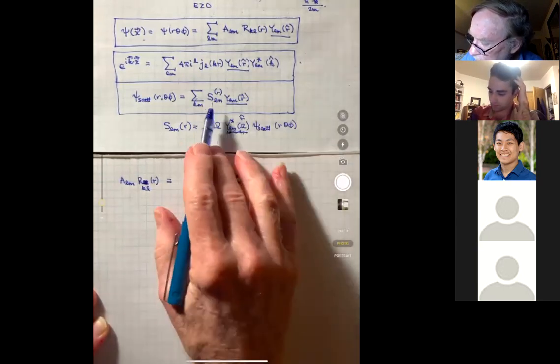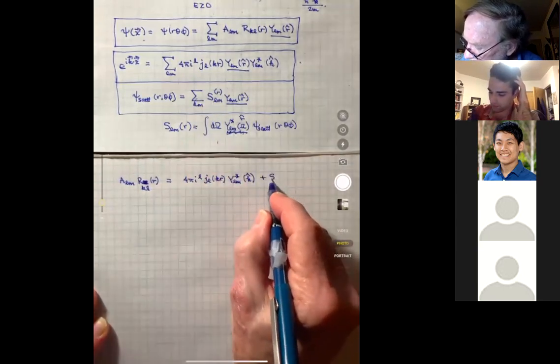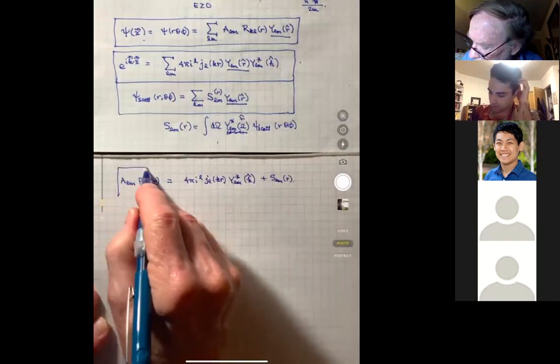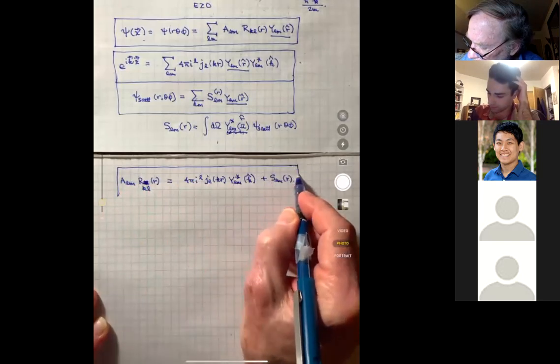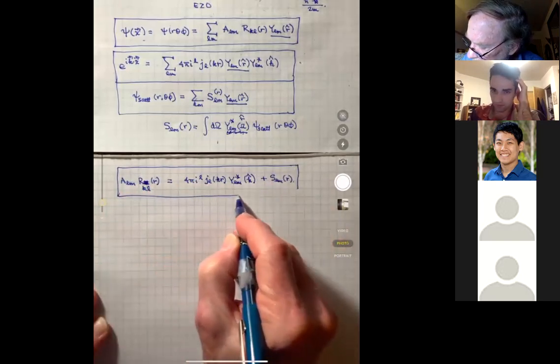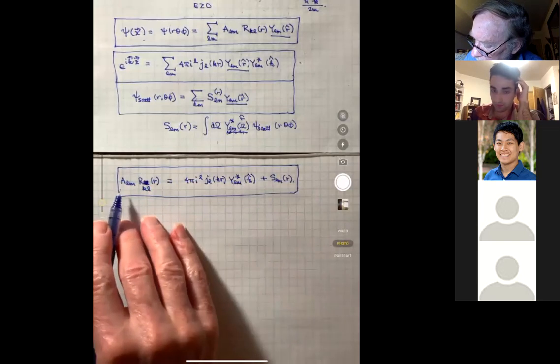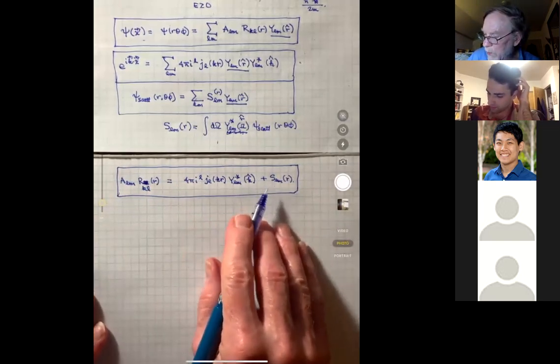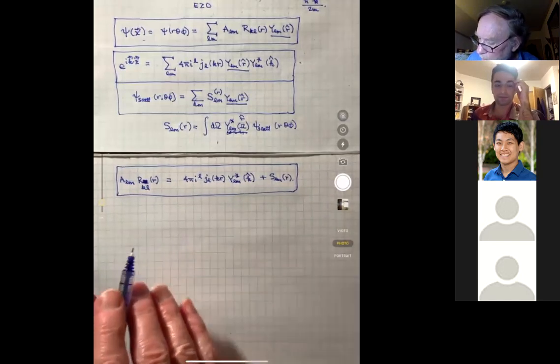And then the third term just gives me plus S_LM of r. All right, now this is an exact result, no approximation in it, but we don't know what the A_LMs are, and we don't know what the S_LMs of r are either. So we'll have to do some work to find those.